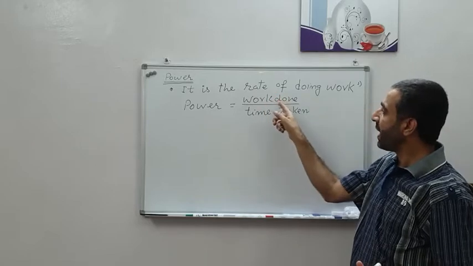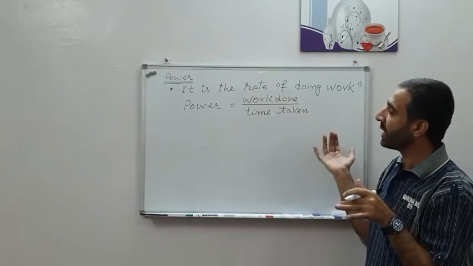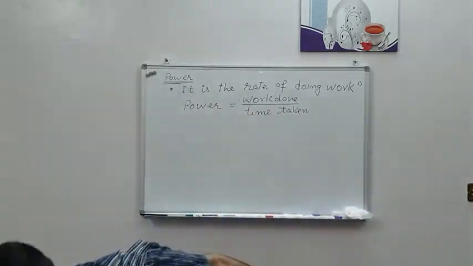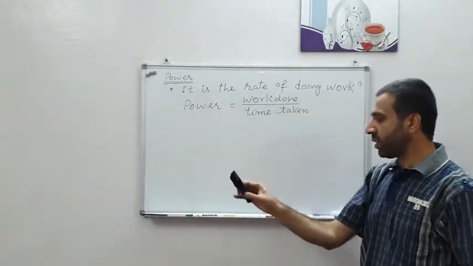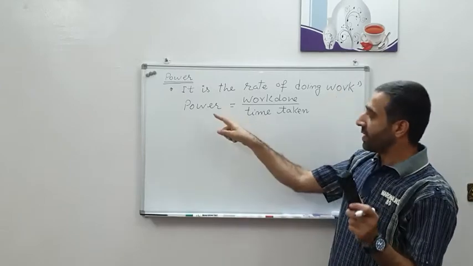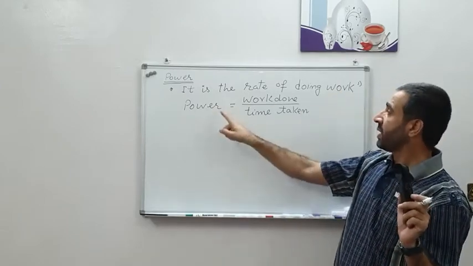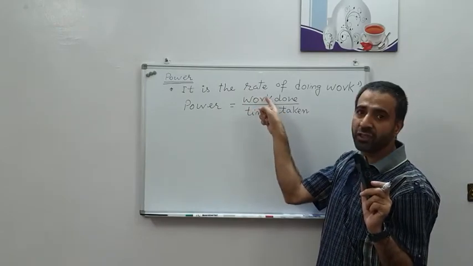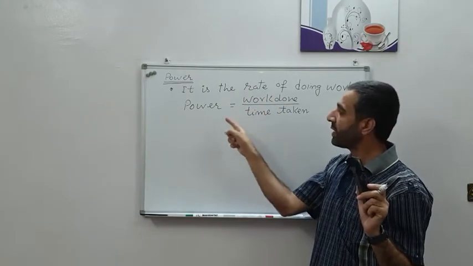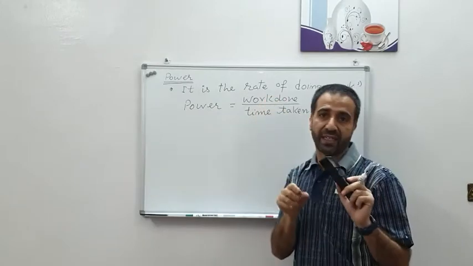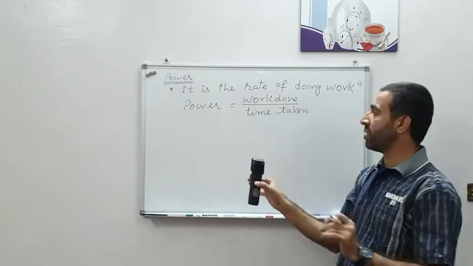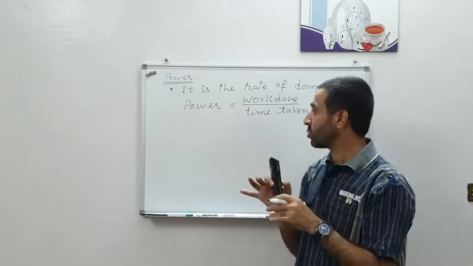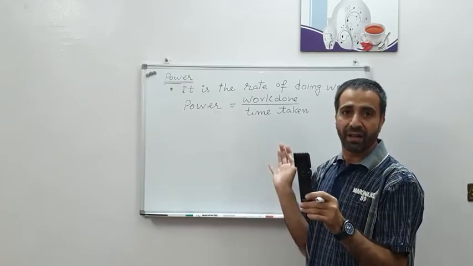It is in fact the output energy which we are getting. So for example, if you have this trimmer in your hand, then power is how fast it provides you mechanical energy from the electrical energy. How fast it converts electrical energy into mechanical energy. That is the power, right?